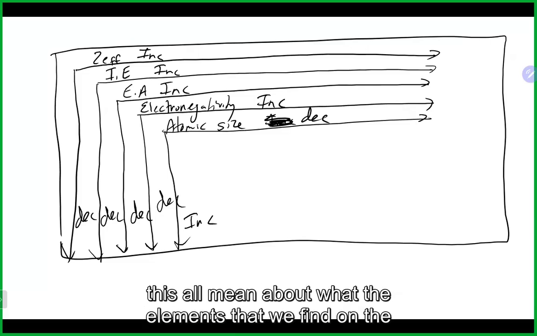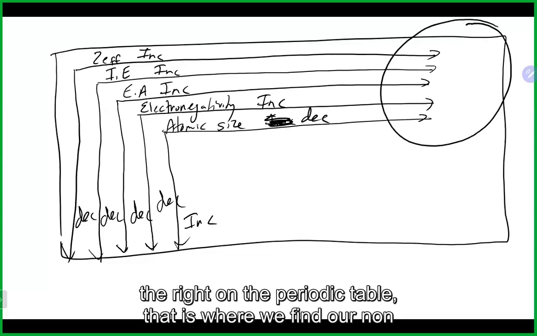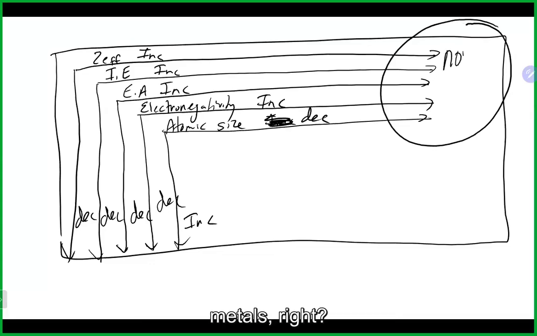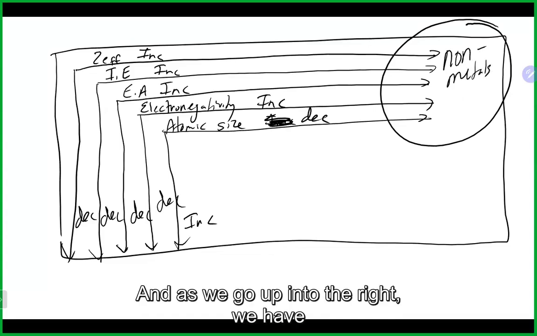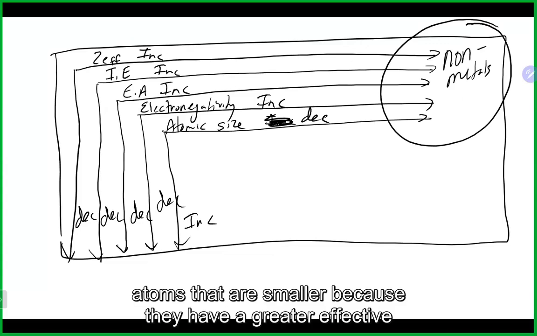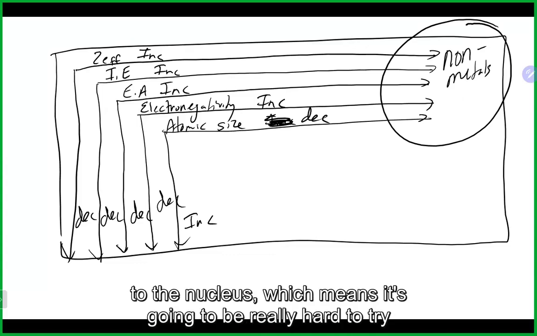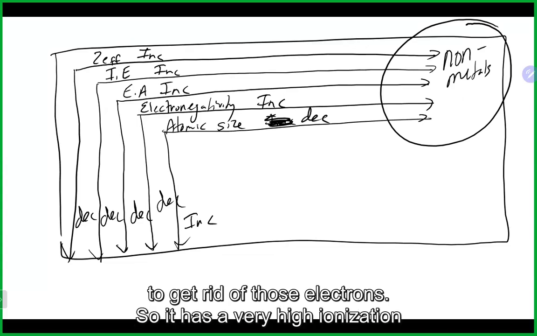So what does this all mean about the elements that we find on the periodic table, our metals and our nonmetals? If we go up and to the right on the periodic table, that is where we find our nonmetals, right? And as we go up and to the right, we have atoms that are smaller because they have a greater effective nuclear charge. That's going to pull all the electrons in closer to the nucleus, which means it's going to be really hard to try to get rid of those electrons.